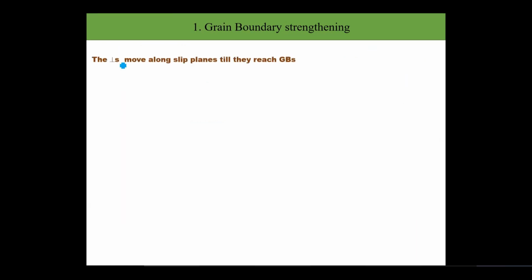Now, plastic deformation क्या है? Plastic deformation is basically the movement of dislocation. The dislocations move along slip planes till they reach the grain boundaries. You already know plastic deformation को हमने define किस तरह किया था? हमने define किया था it is movement of dislocations, and dislocations move along specific slip planes along specific slip directions.